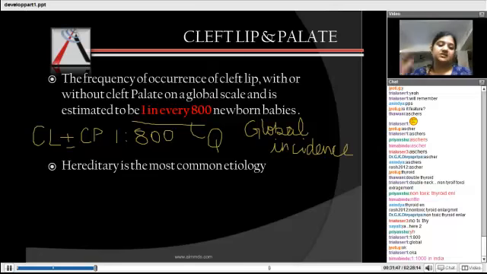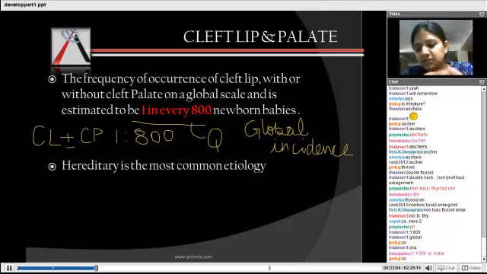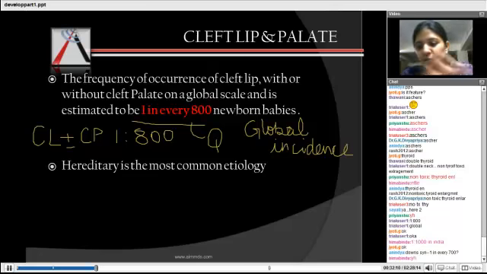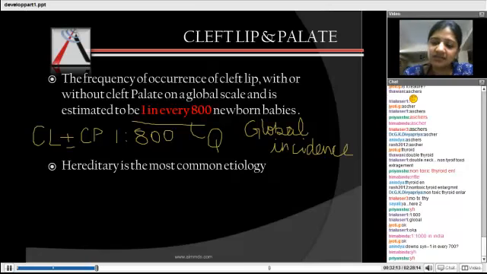At least what I found recently is they have different incidences in different parts of India, and again it's different for cleft lip and different for cleft palate. Anyways, I haven't seen any MCQ on the incidence in India. It's always been 1:800 globally. Of course, if they specifically ask India, you will have a higher predilection, but it cannot be summarized to cleft lip alone or cleft palate alone, because then the values are again different for each of these. Within India, that is different. It's different in north, it's different in south.